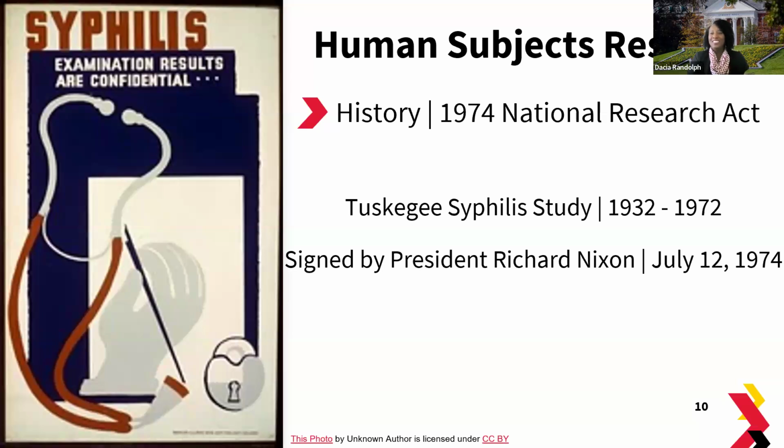The Tuskegee syphilis study was deemed ethically unjustified, as 600 African-American men, of which 399 had syphilis and 201 did not, were studied from 1932 to 1972.